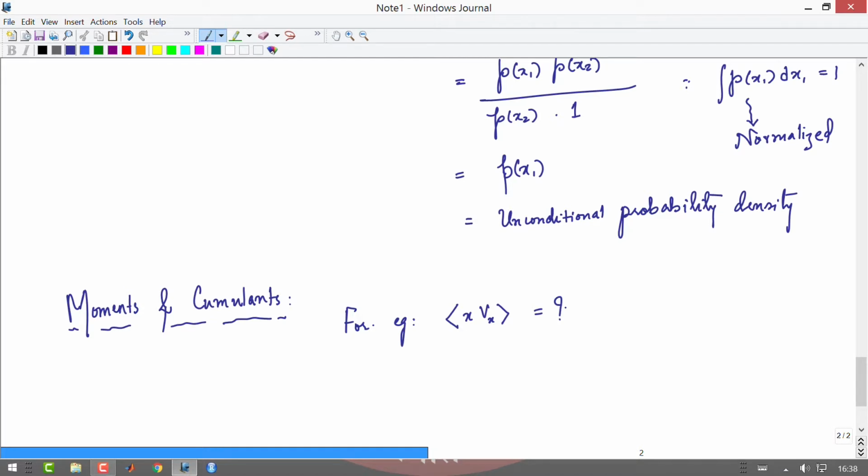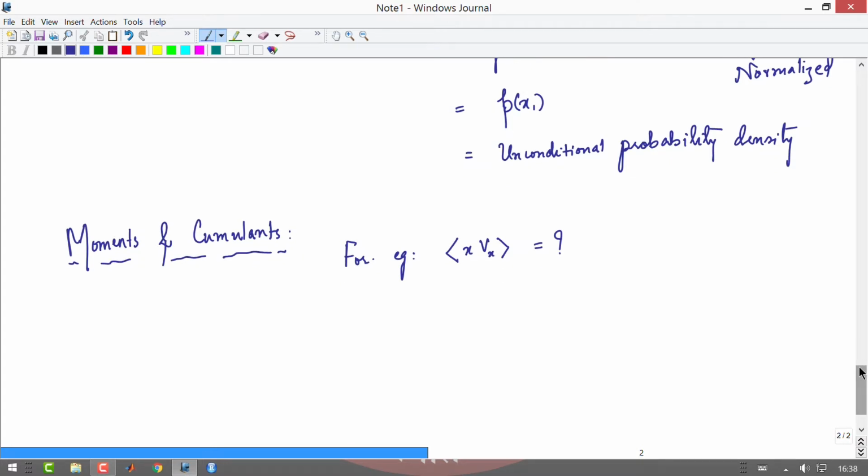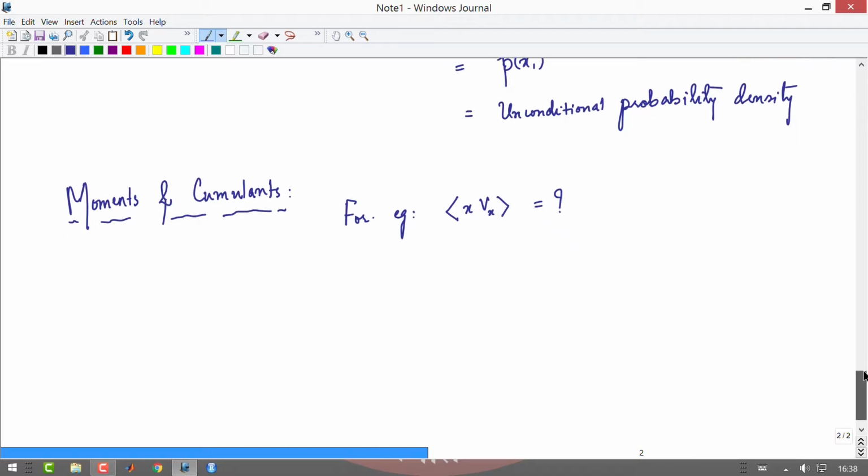You can compute this if you know the characteristic function of multivariable distributions. Okay. So, let us compute these moments using the definition of characteristic functions. Okay. And then we shall proceed with another very simple and powerful method, which is the graphical method of computing these moments.